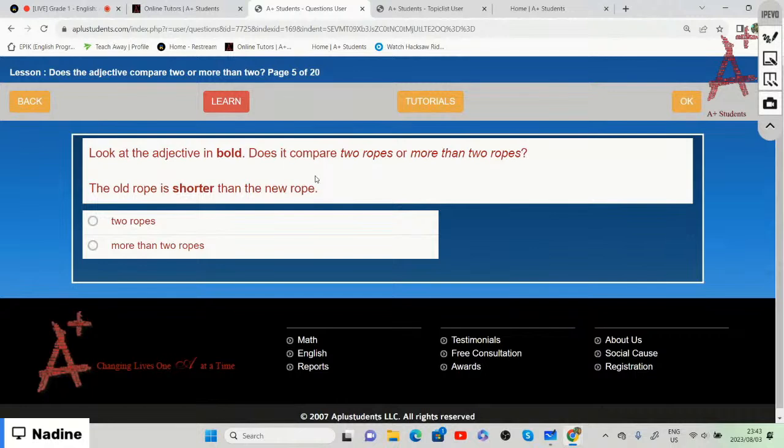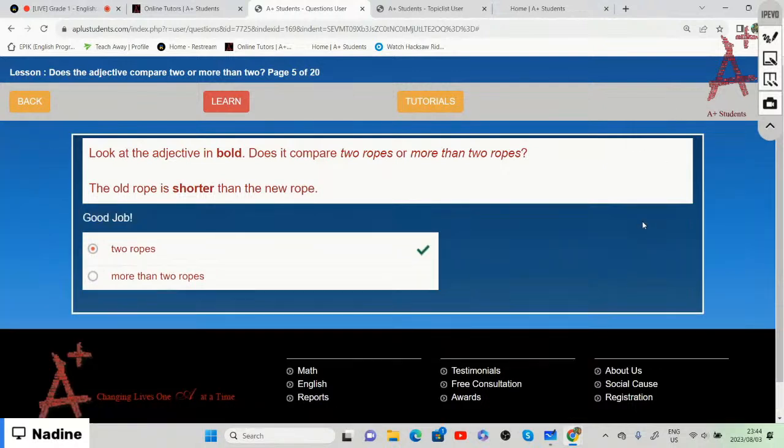Now they want to know, does it compare two ropes or more than two ropes? The old rope is shorter than the new rope. So we will say two ropes are being compared, the old rope and the new rope.